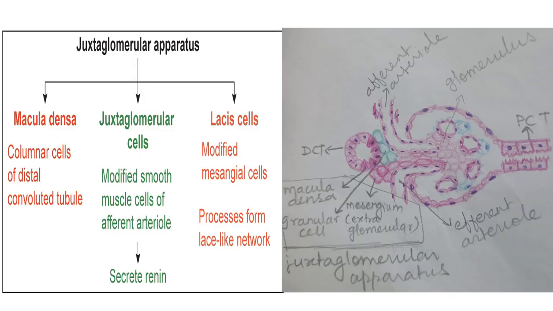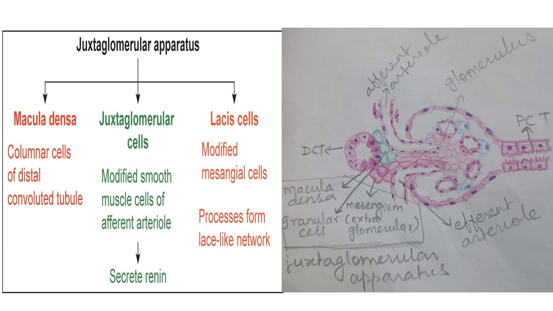The juxtaglomerular apparatus is a group of specialized cells. It is present near the vascular pole of the renal corpuscle, and it consists of three components: juxtaglomerular cells, macula densa, and extraglomerular mesangial cells or Lacis cells.